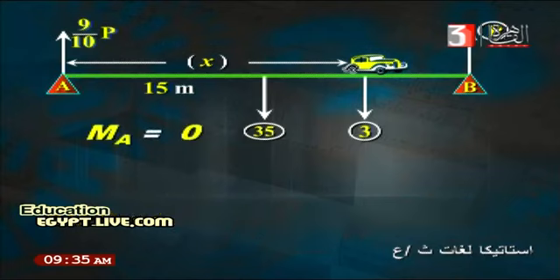After that, we calculate the moment at A, which must be equal 0. How many forces? 3 forces: 35, 3, and B. But the direction of the moment of 35 and 3 is negative, B is positive.